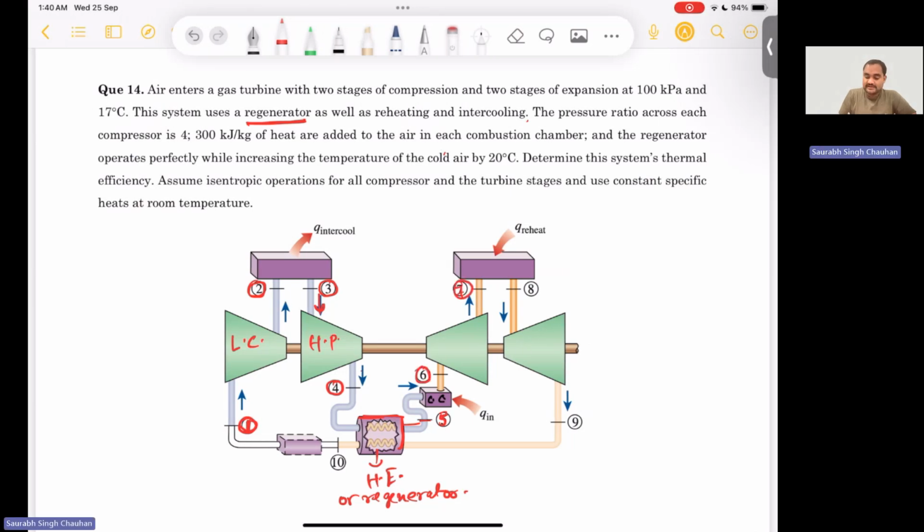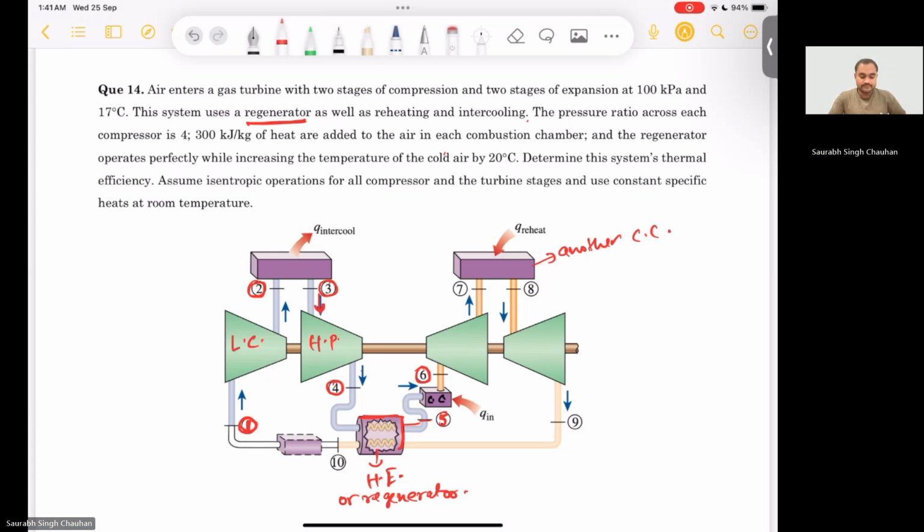Then it is reheated in another combustion chamber, and then passed through another turbine. Then after the turbine it goes to the heat exchanger or regenerator. This is how the whole system works.